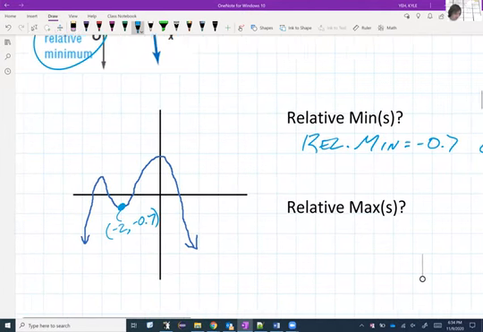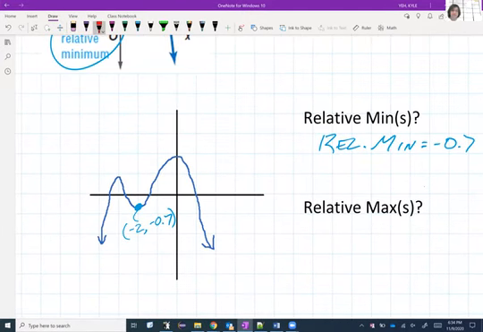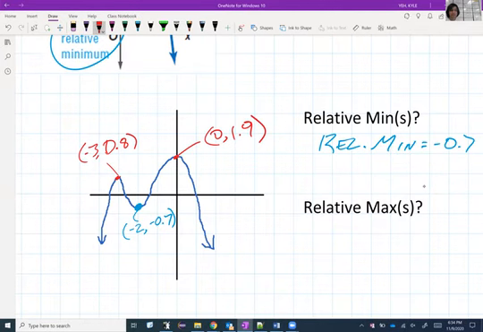Same game, let's play it with the maximums. Are there any relative maximums? The answer is yes. There's one right here, there's another one right here. This guy looks about -3, 0.8. This one looks at about 0, 1.9, not quite all the way up to 2, but not far away at all. So what would I say for my relative maxes? I would say relative max, yep, there are 2 of them.